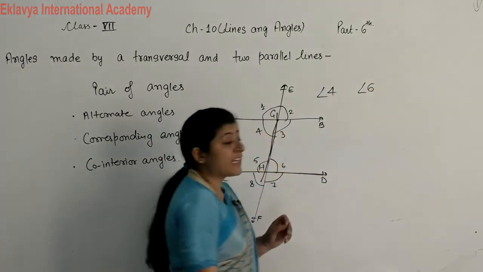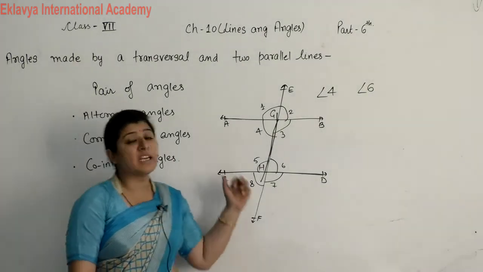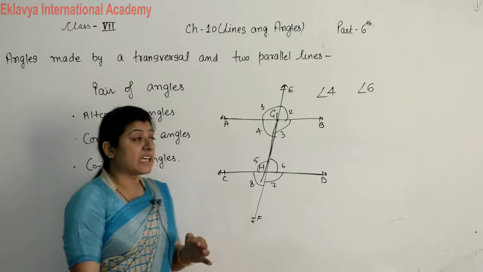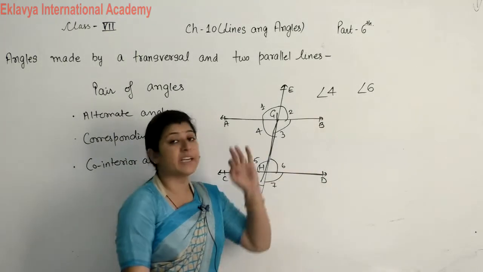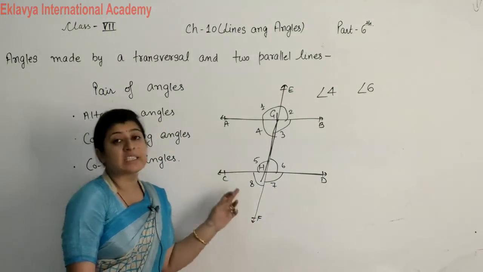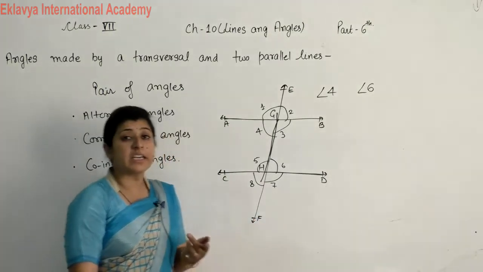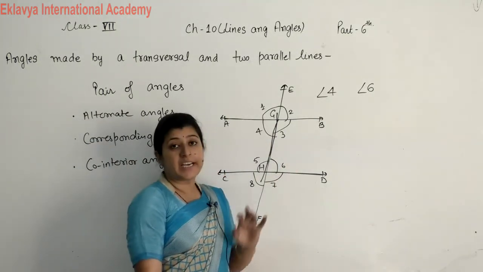But when a transversal intersects two lines, if these are only lines, not parallel lines, then we can only say that these angles are alternate interior angles. But if these two lines are parallel lines, then what is the relation between these two alternate interior angles?